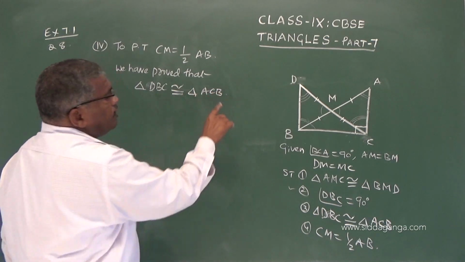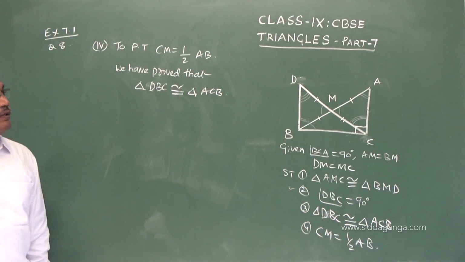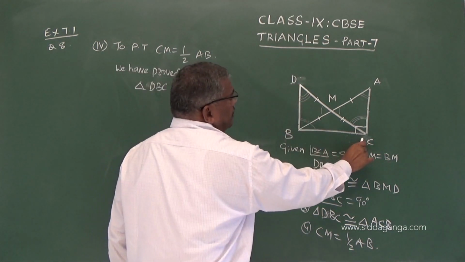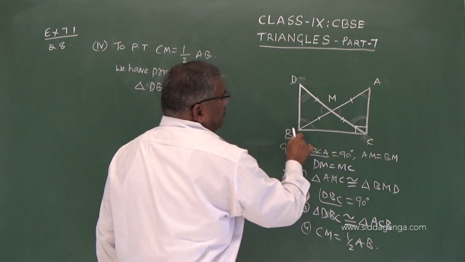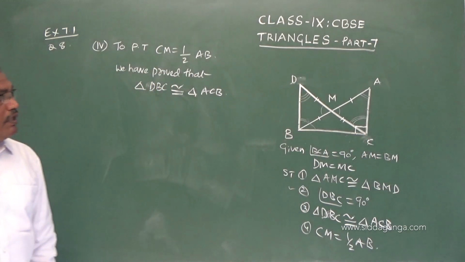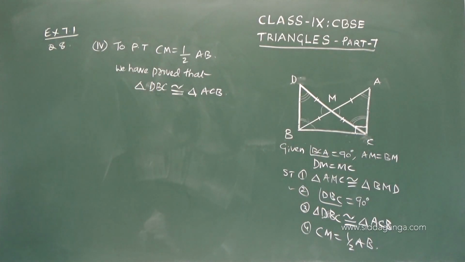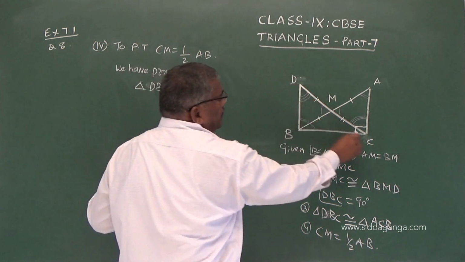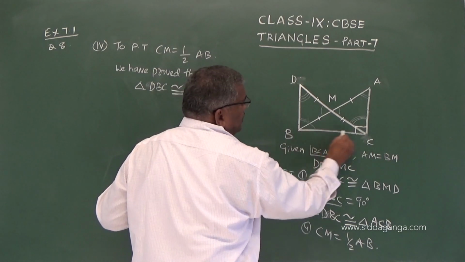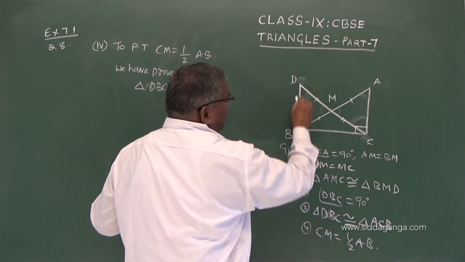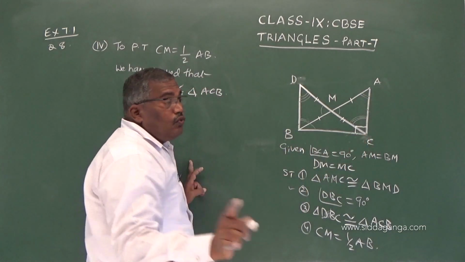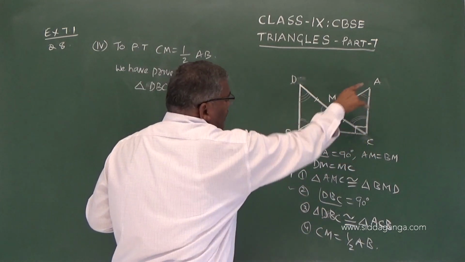So these two triangles are congruent. So DBC is congruent to ACB. So therefore we can say DC will be equal to AB, because BC is the common side, BD is equal to AC, and the remaining sides in those two triangles are DC and AB.